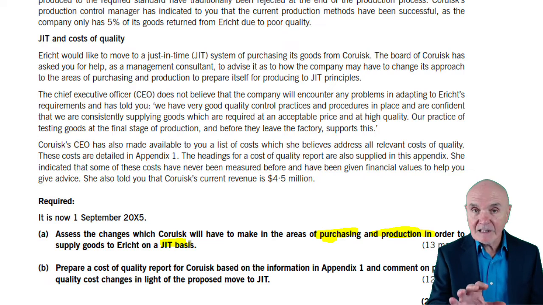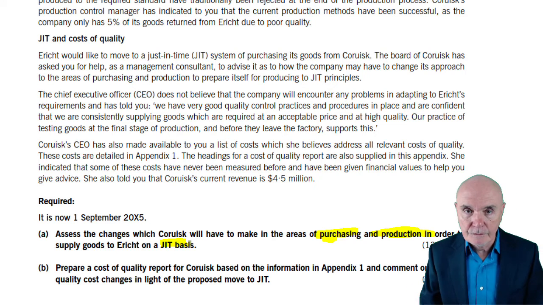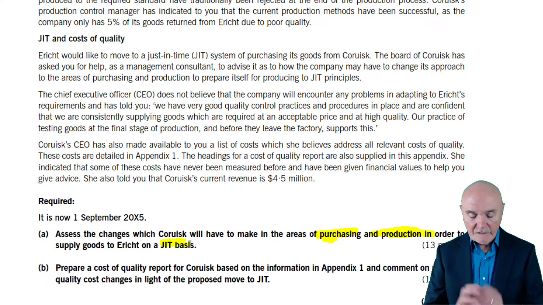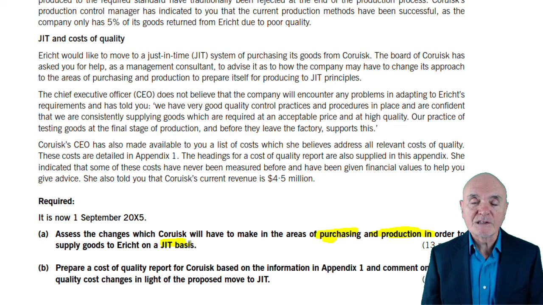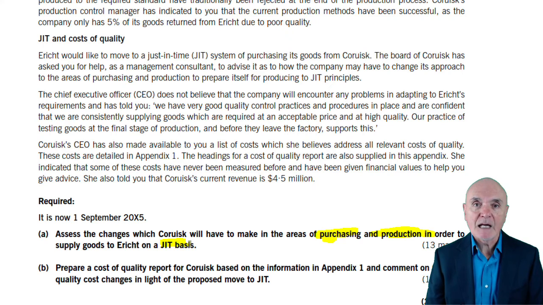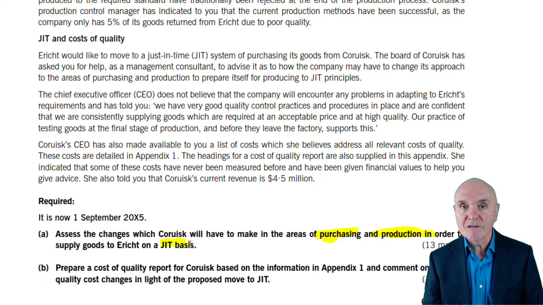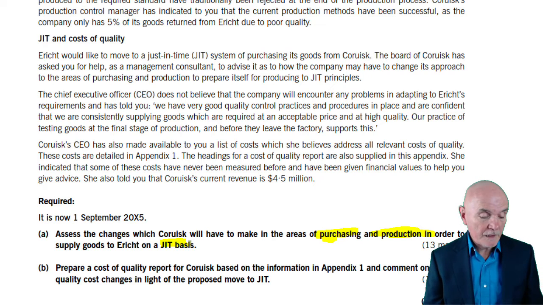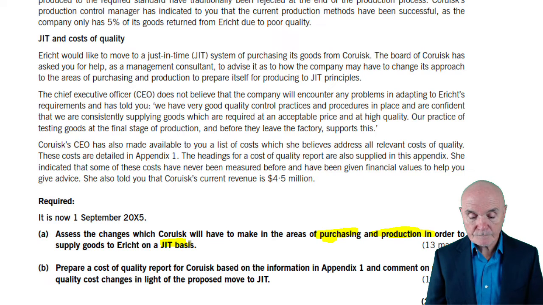So, guessing, but not being too stuck with this guess, it looks like a question that's maybe a company thinking of changing to just-in-time and what effects will be on its production and ordering procedures.